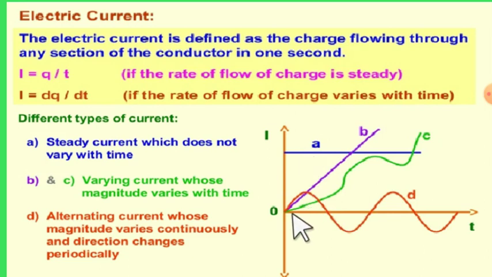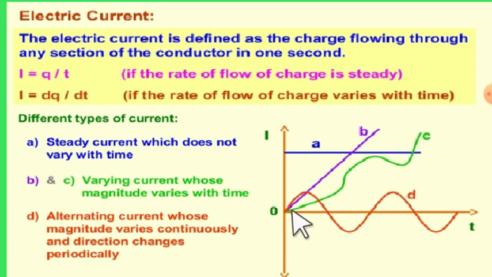So this is also a changing or varying current. And another one is graph C. With time, it increases, there is a very rapid increase in the current, and then it decreases a little bit and then it again increases.